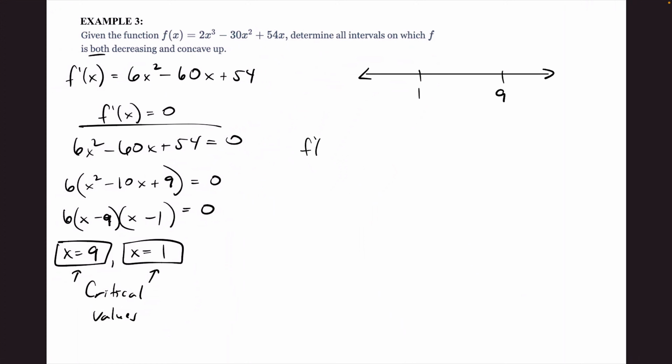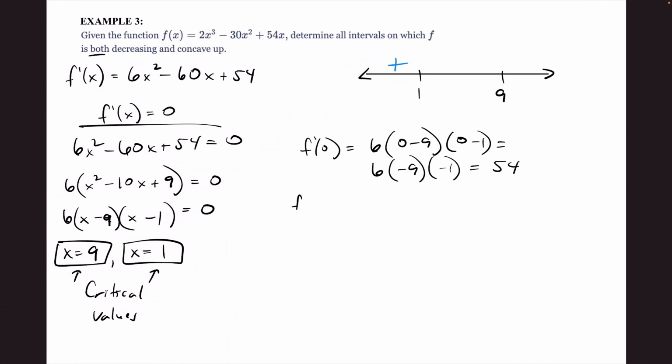So for 0, first derivative at 0. I'm going to use the factored one because that's the easiest one to use. 0 minus 9, 0 minus 1. So we get 6 times negative 9 times negative 1, which makes positive 54. For 2: 6 times negative 7 times 1, negative 42.